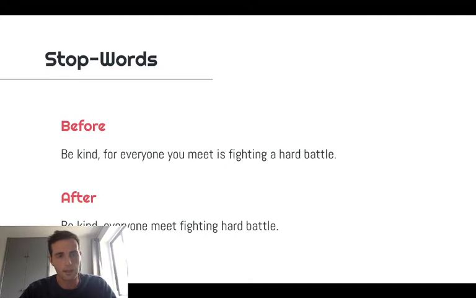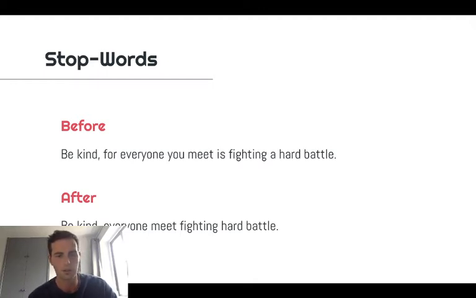Stop words are words that often come up very frequently within the language, not necessarily English, but don't add much to the meaning or content that you're reading. So if we take this example, "be kind, for everyone you meet is fighting a hard battle," if I strip out the words for, you, is and a, all of those don't add much, and they probably appear loads in every document.